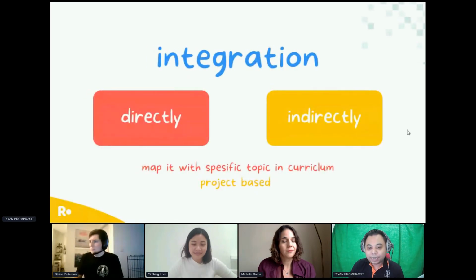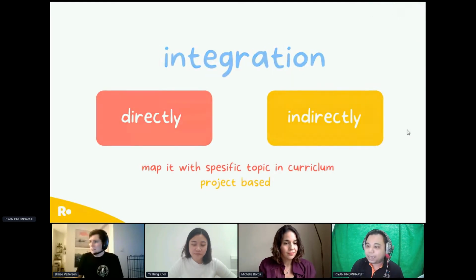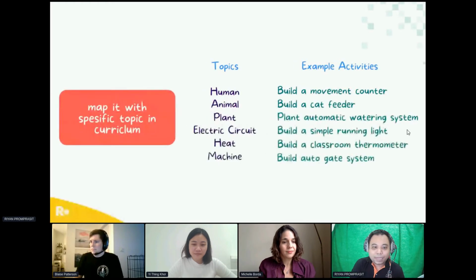So how do I integrate micro:bit in primary science? Basically, I integrate it in two ways: directly and indirectly. Directly, I use it by mapping it with specific topics in the curriculum itself. This is an example from primary 5 science.